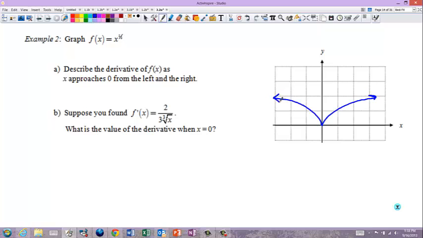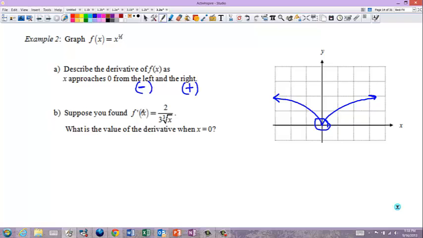Here it says describe the derivative of f of x as x approaches 0 from the left and the right. Well, it's decreasing as I approach from the left, and it's increasing as I approach from the right. From the left it's negative, and from the right it's positive. Because they're not equal, it has a cusp, and because it has a cusp, there is no derivative.